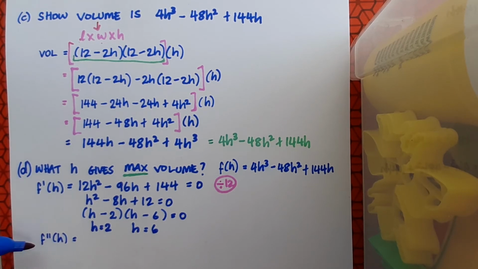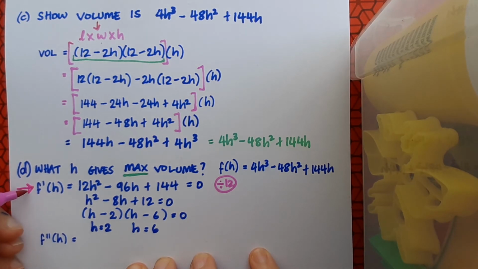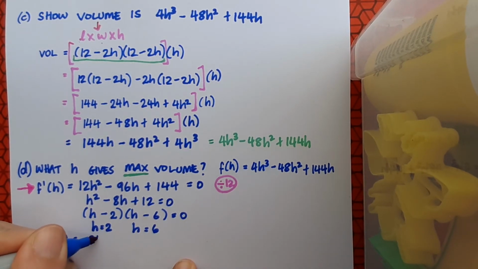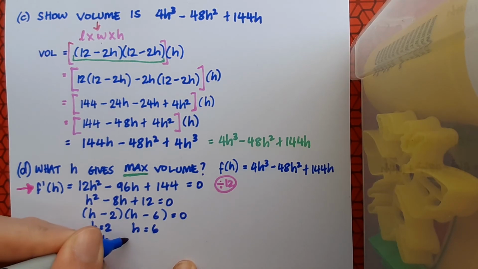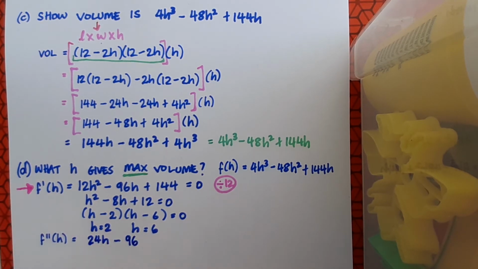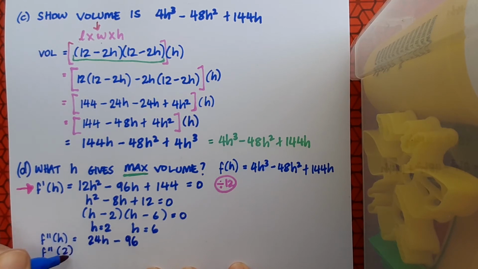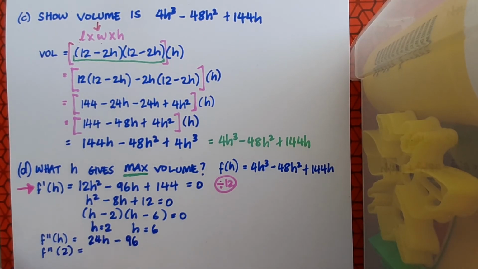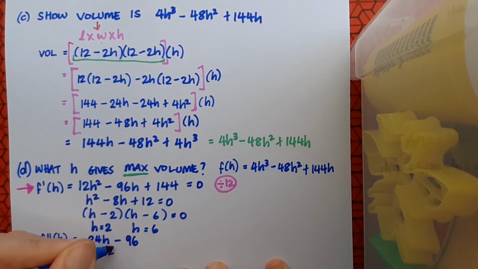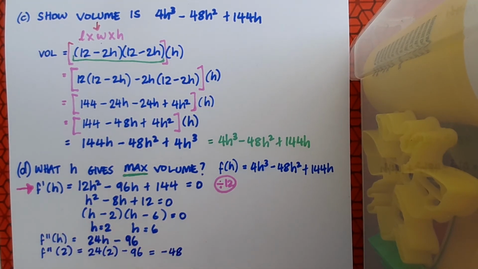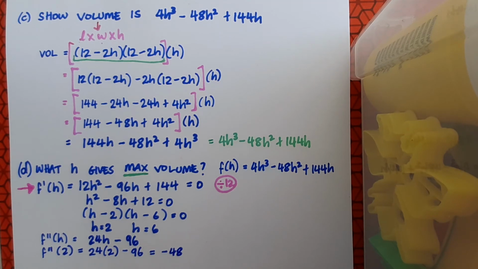So when I get the second derivative, I'm getting it from this very first line here, my first derivative f dash h. I get a minus 48 for this.